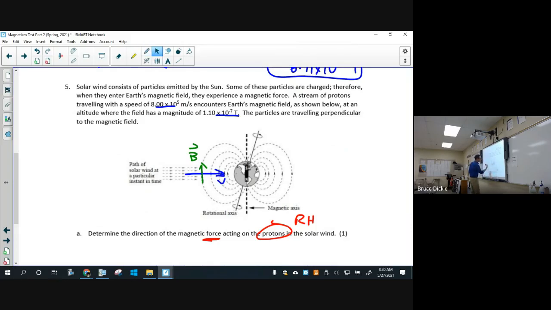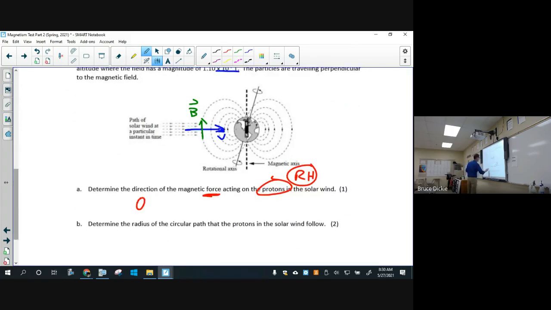Thumb towards the right, fingers toward the top of the page, palm is going to point out of the page, using my right hand because it's protons. So my answer is: thumb, fingers, palm out of the page. My magnetic force is going to be out of the page.